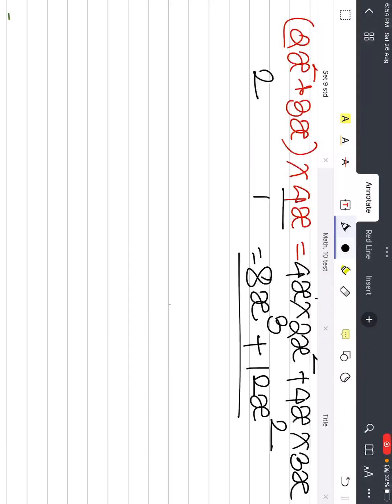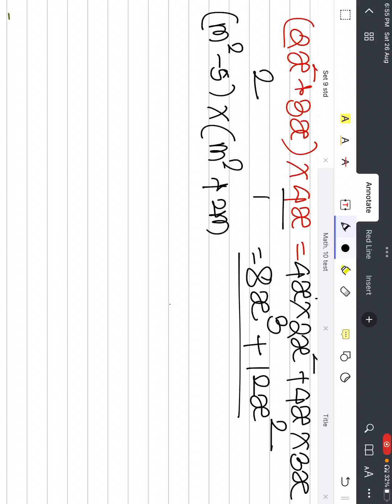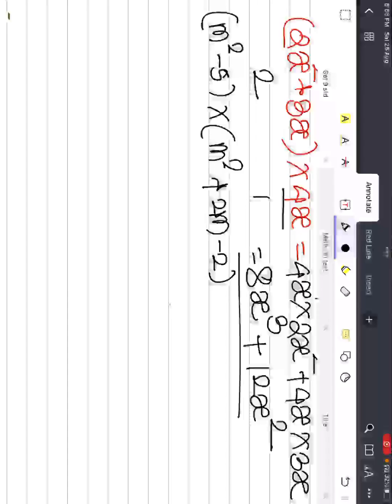A simple example is like that: m square minus 5 multiplied by m square plus 2m minus 2. Clear?